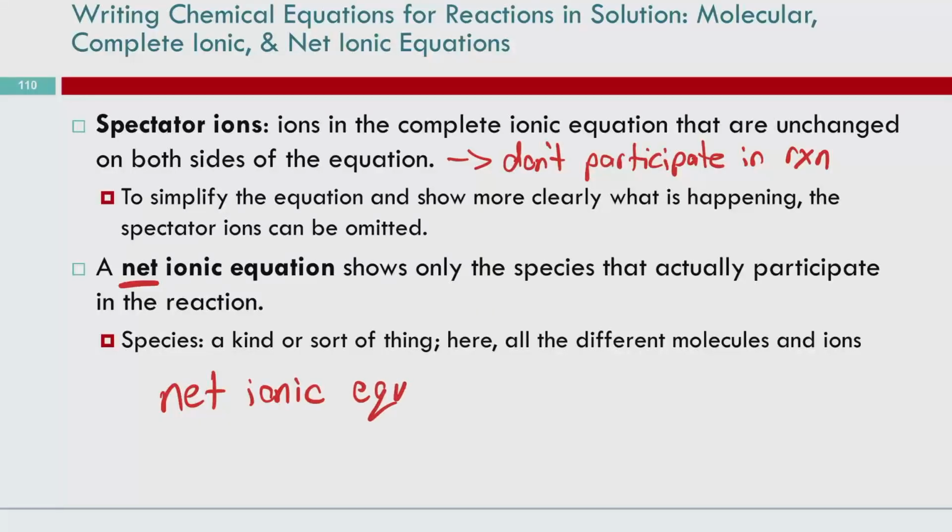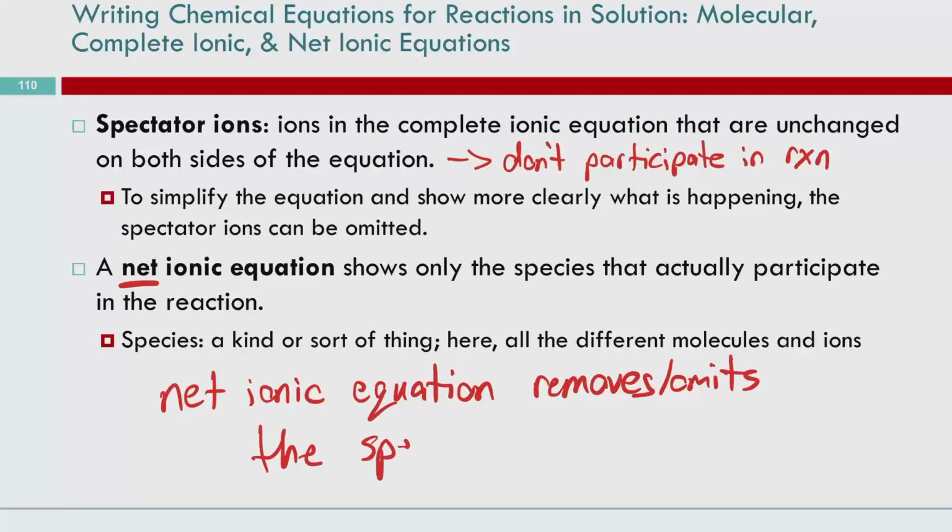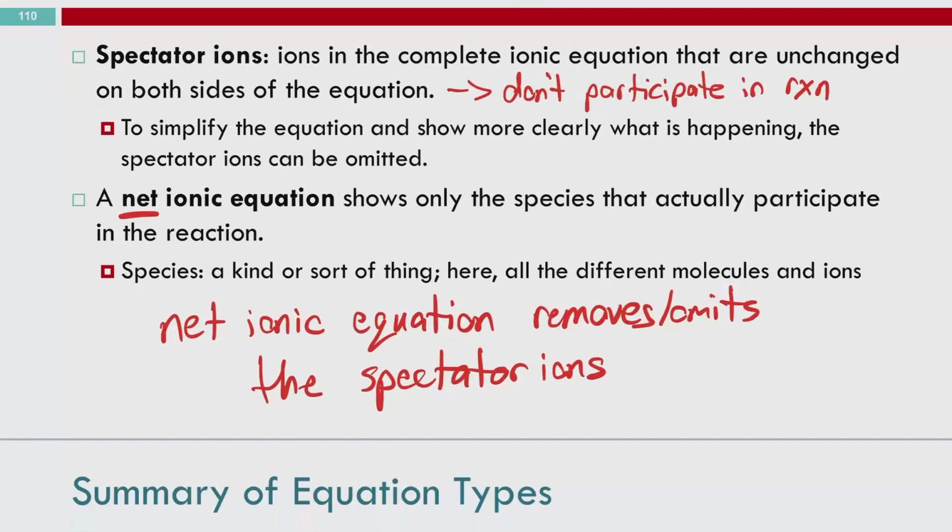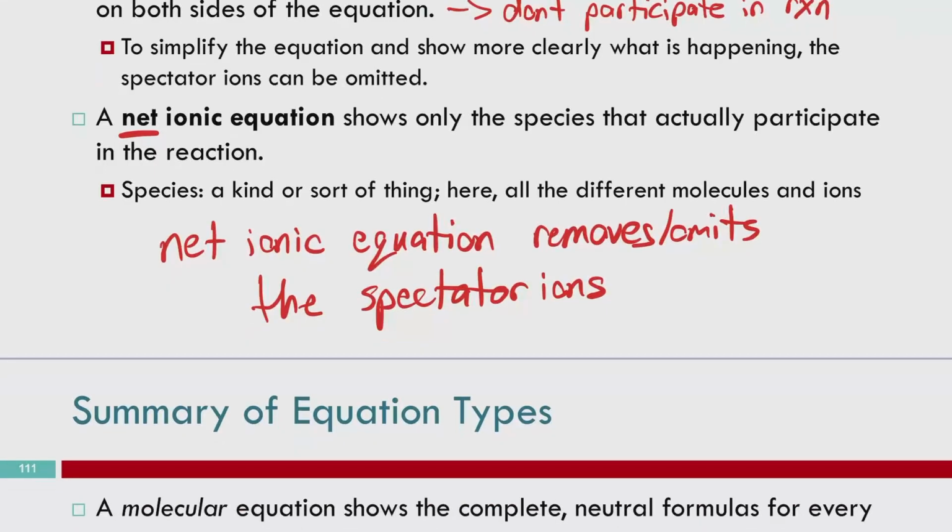So the net ionic equation removes or omits the spectator ions. No spectator ions in the net ionic equation.